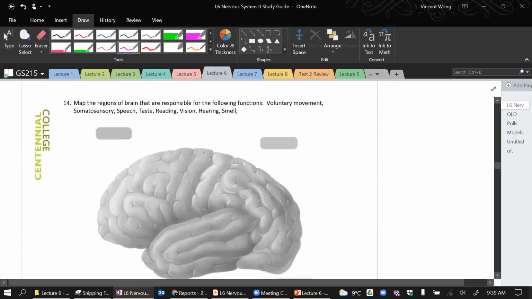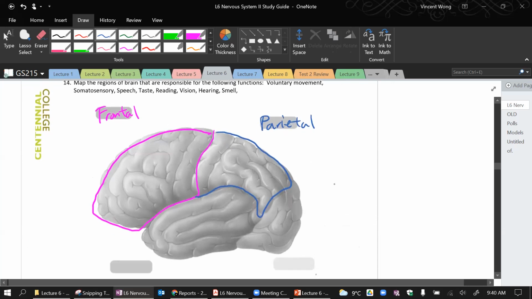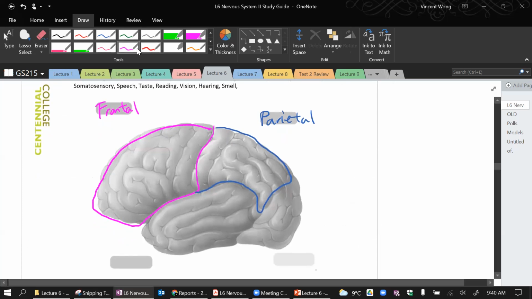So this is a typical brain. We have the frontal lobe here. Frontal. We have the parietal lobe here. And this is the temporal lobe.